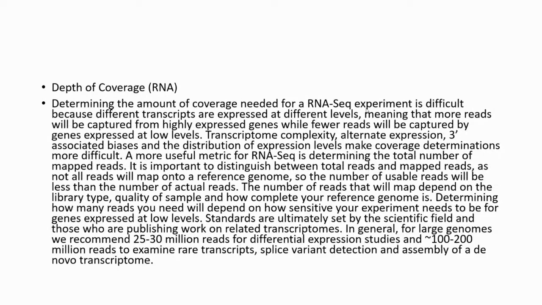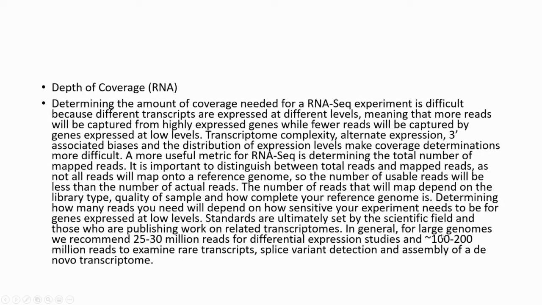That means more reads will be captured for highly expressed genes because they are transcribed more, so they have more RNA. Then when you perform the sequencing, that particular one can be sequenced more frequently, so it has higher coverage. And for low-expressed genes, you have lower coverage.